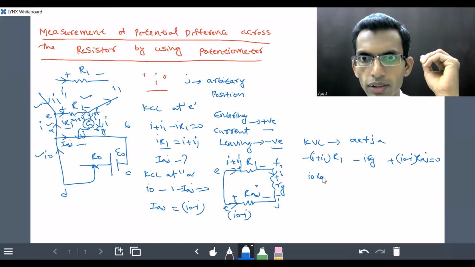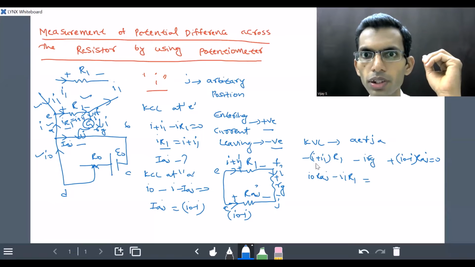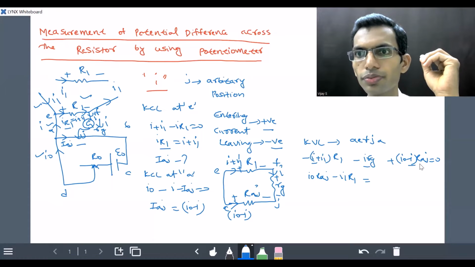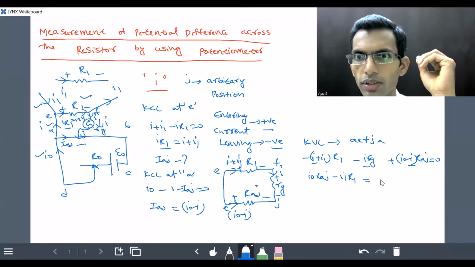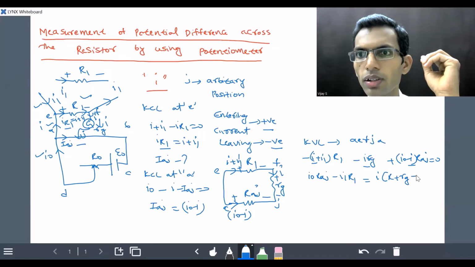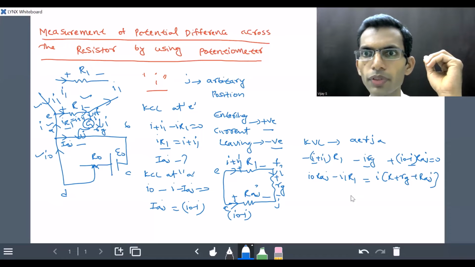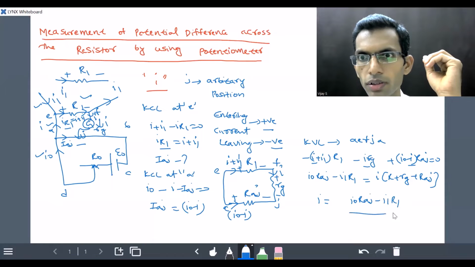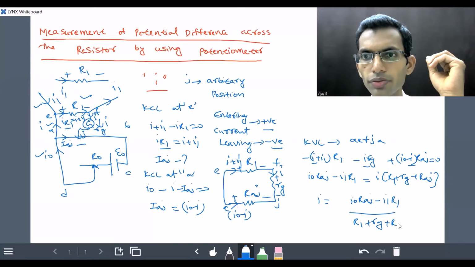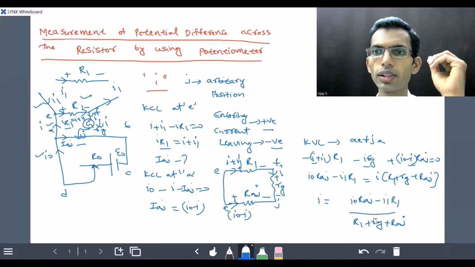I0 RAJ minus I1 R1. Taking the I terms to the other side, we get R1 plus RG plus RAJ. So we get I as I0 RAJ minus I1 R1 by R1 plus RG plus RAJ. So we got the current expression.